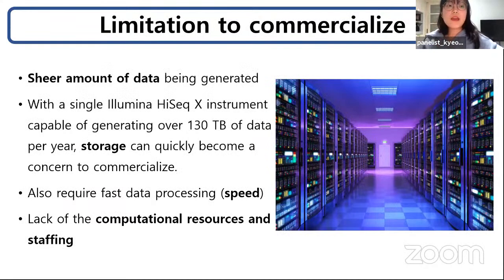Lastly, it may be difficult to commercialize. With NGS, a sheer amount of data will be generated. For example, the data for a single human whole genome sample is about 90 gigabytes. So, a relatively small project of 100 samples would generate 9 terabytes of data per year.